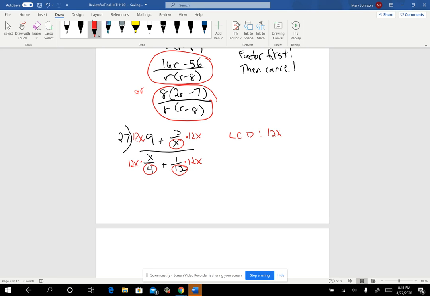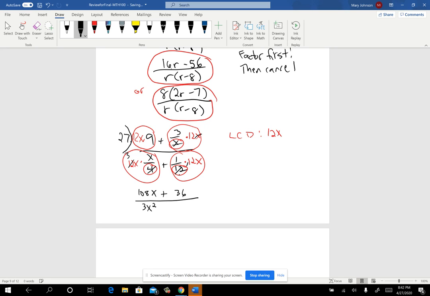So what's going to happen is we're going to simplify each of these areas, and they're going to turn into some pretty nice numbers. So this is going to be 108x. And then this x cancels out, and we have 36. And then down here, the 4 goes into the 12 3 times, and we have a 3x squared.